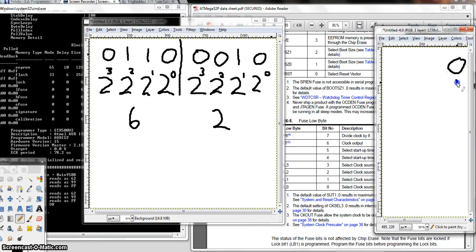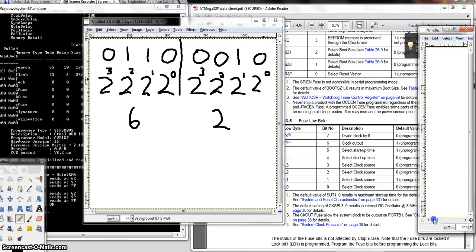It's 0, 1. That's a 1. It can only be a 1 or a 0. I feel like I'm in kindergarten. Okay, I'm at this 0 now. Next 0, a 1, and a 0.